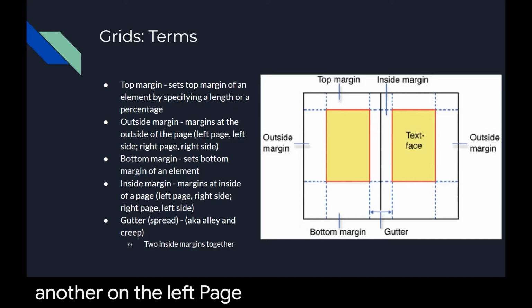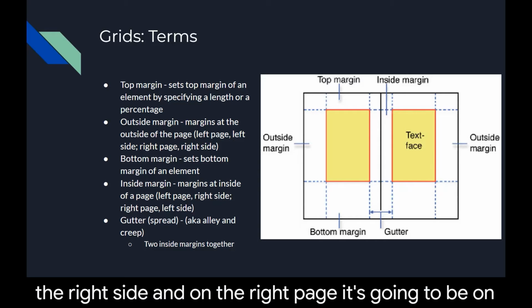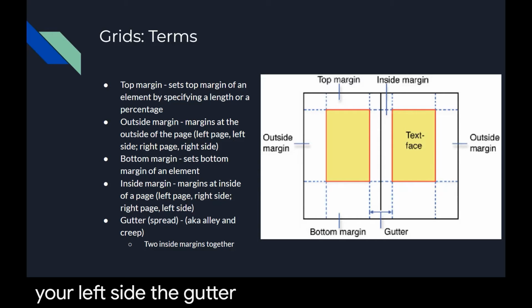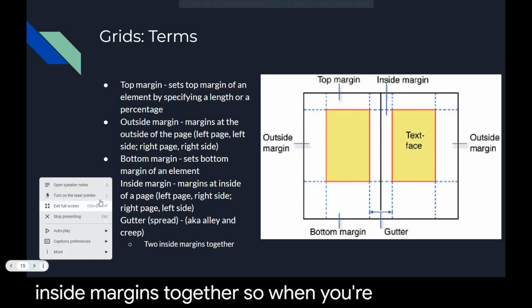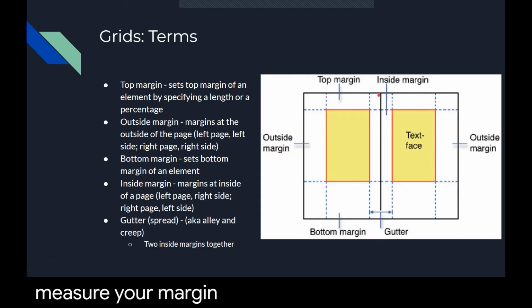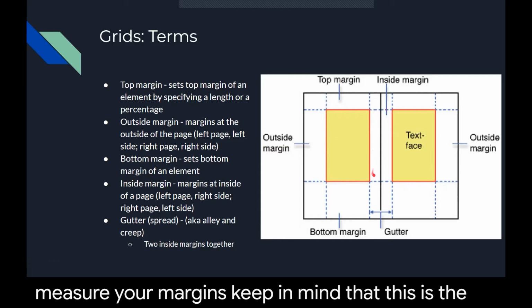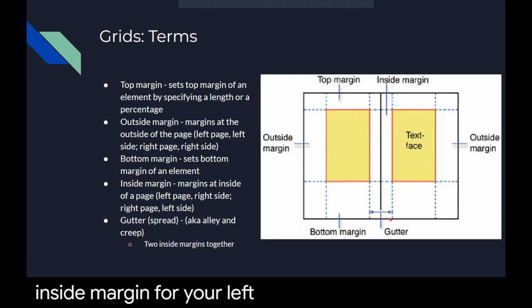On the left page, that's actually going to be on the right side, and on the right page, it's going to be on your left side. The gutter in a spread is what we call the two inside margins together. So when you're trying to measure your margins, keep in mind that this is the inside margin for your left page, and this is the right inside margin for your right page, but together the two make a gutter.